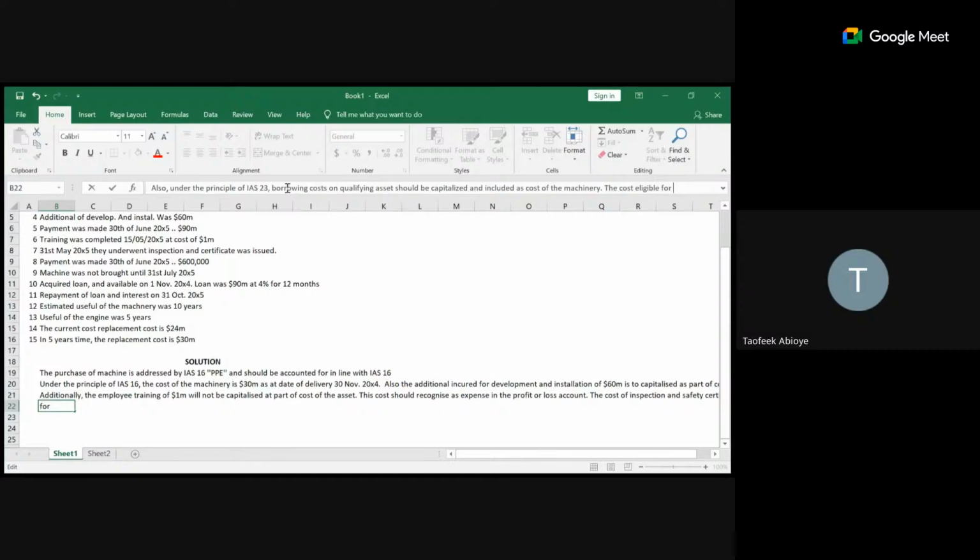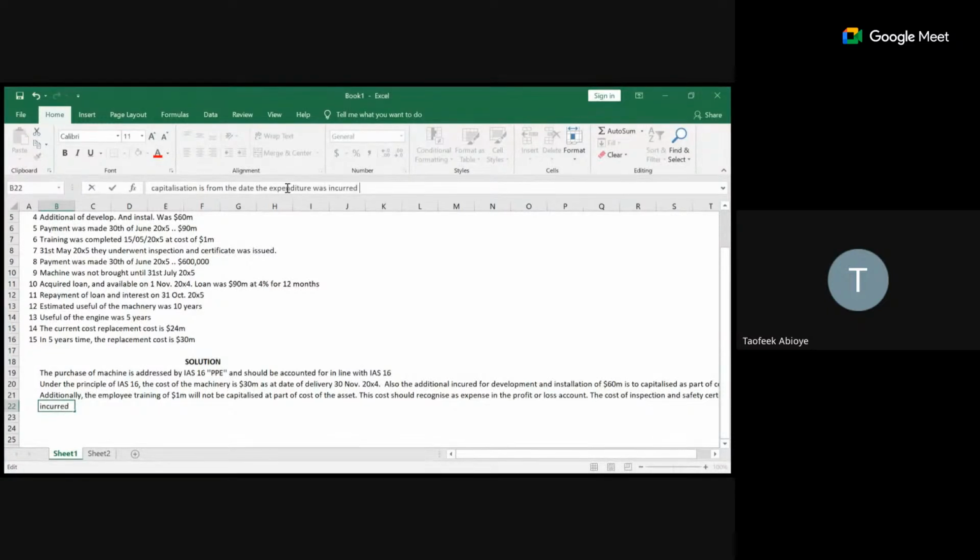So the costs eligible for capitalization are from the date the expenditure was incurred. You remember three things: commencement of capitalization from the date the expenditure was incurred, and cessation.